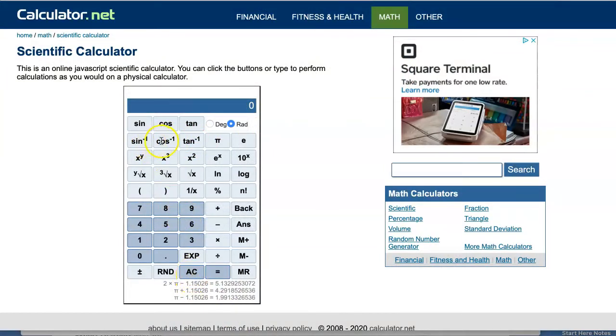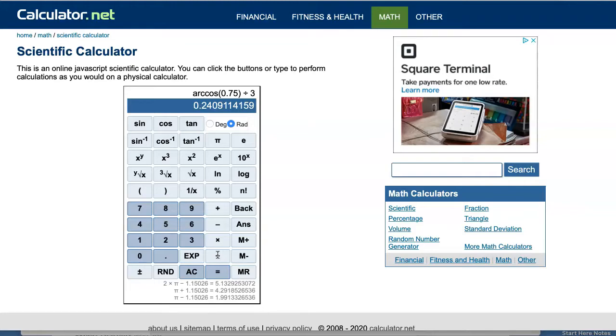Okay, so if I want to be technical, I could do the arc cosine of 0.75 and then divide that value by 3 to avoid a rounding error. And I get 0.2409. 4 decimal places is good.